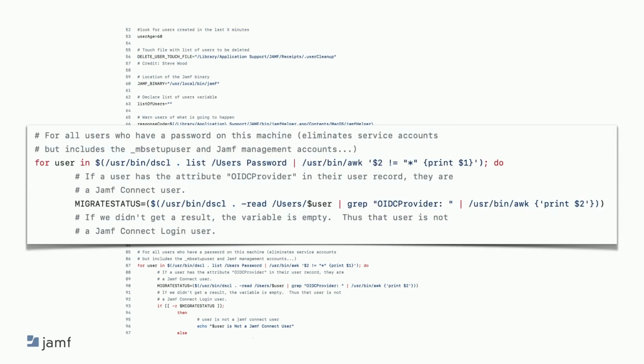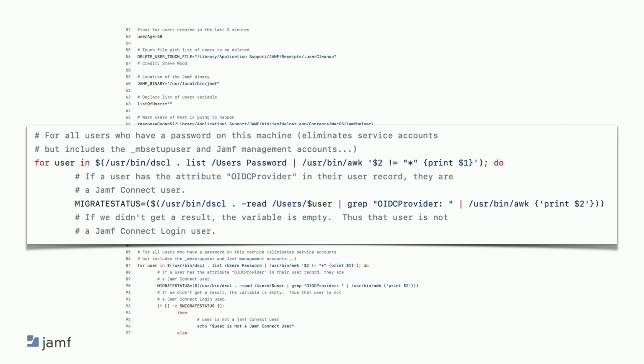Well, you're still going to need good old dscl. So you would go look for an attribute that user account has on it that would be unique because they're using one of these tools. And in Jamf Connect, our unique identifier is we add an attribute called OIDC provider. Sweet. If it says that user's tied to Okta, that's one of the Jamf Connect accounts.